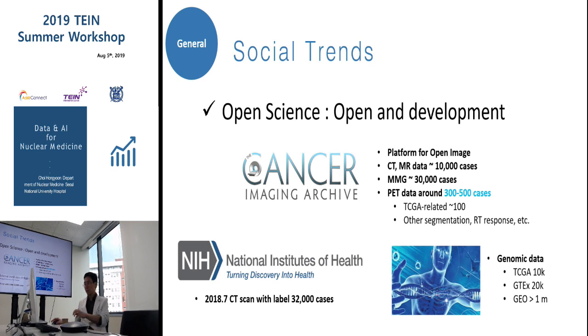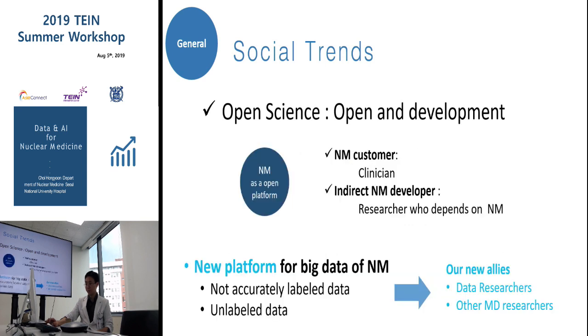You can access TCGA data, which is more than 10,000 transcriptome and genome data for several cancer types. And there is more data you can find in GEO, Gene Expression Omnibus, and GTEx, which are open, so you can download this data from the website.